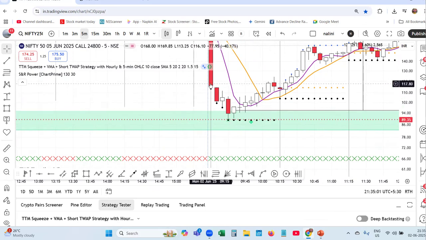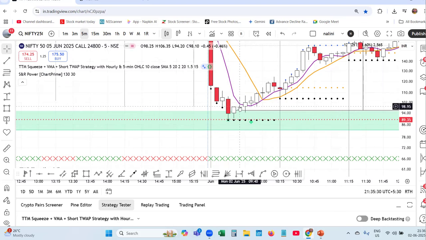If you carefully observe, it is making lower lows, and this lower low is not going below this. I'm placing the cursor on this: 89.05, and the next candle's low is 90.15. Higher low. This is not the signal candle.